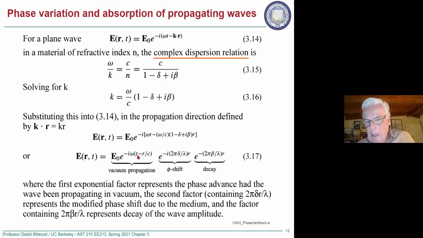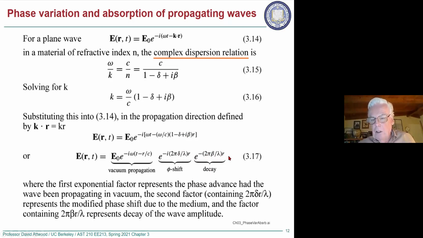Compared to vacuum, there's an additional phase shift, and as we've seen, this could be negative or positive depending on where you are. Then this beta term comes out over here, and this is where you see that the plus i beta was necessary to get a minus sign here. So this is your absorption or decay term.